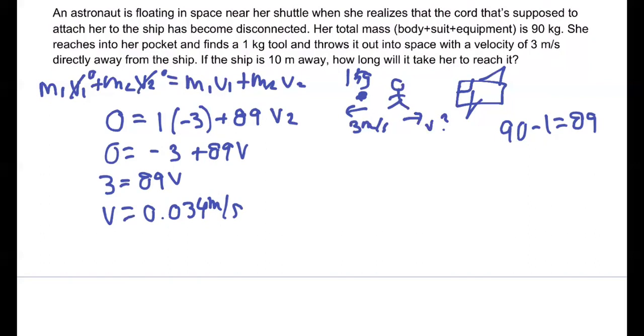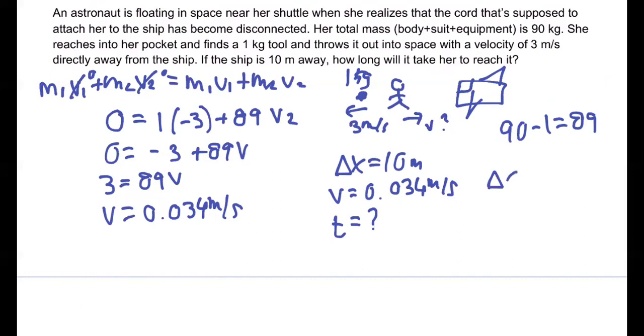If we're in space, there's no acceleration, so we can treat this as a constant motion problem, where delta x is 10 meters, velocity is 0.034 meters per second, and time is what we're solving for. Delta x equals v times t. 10 equals 0.034 times t, which gives me a time of 296.7 seconds.